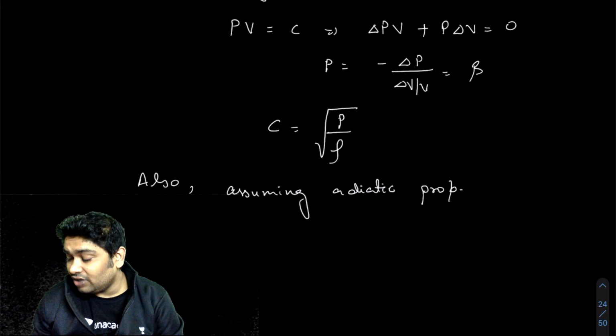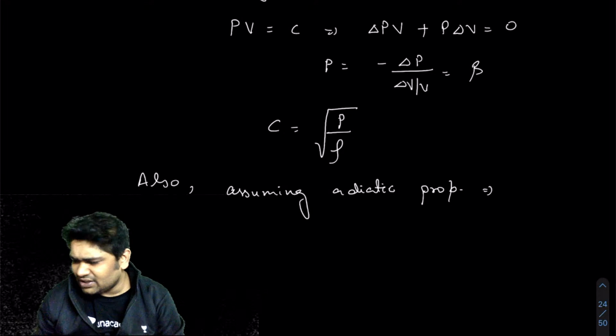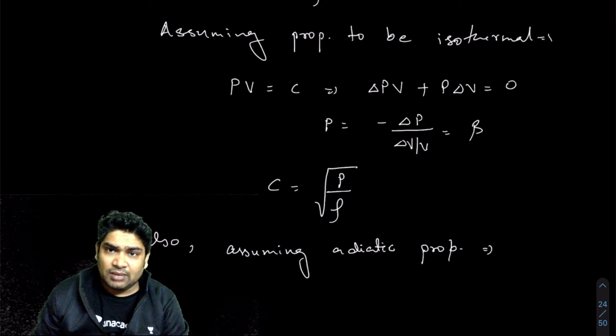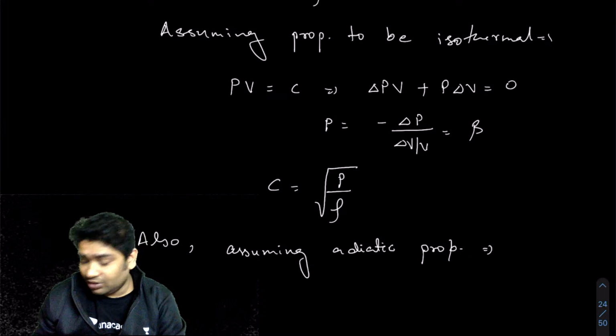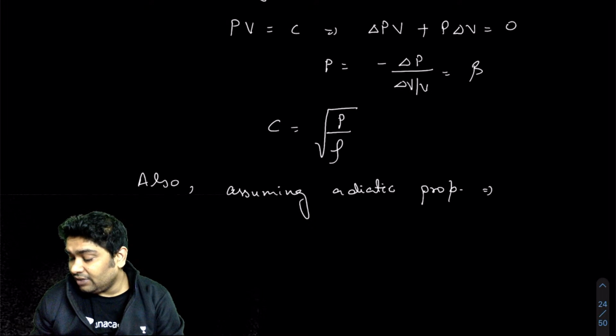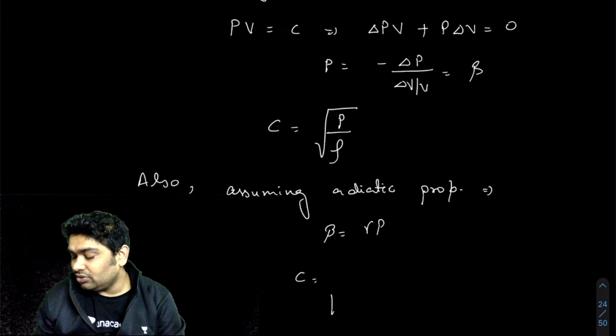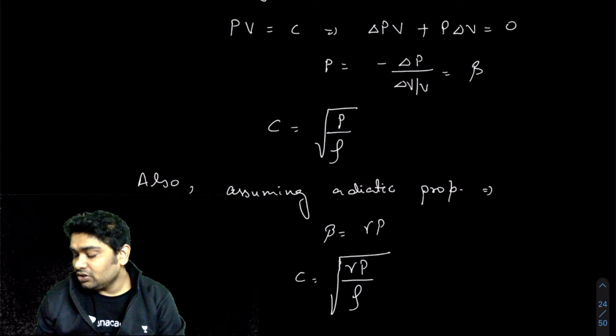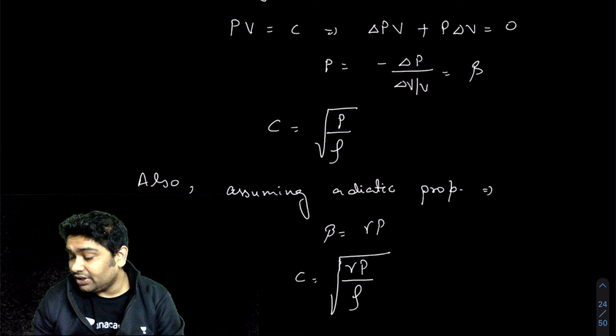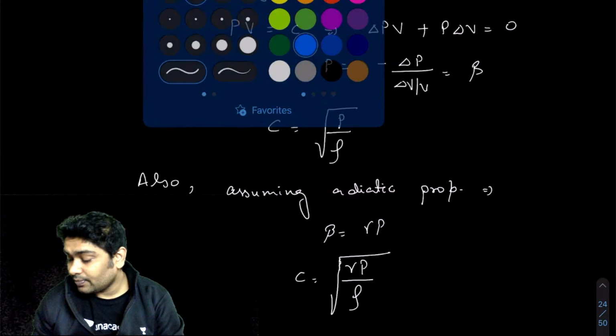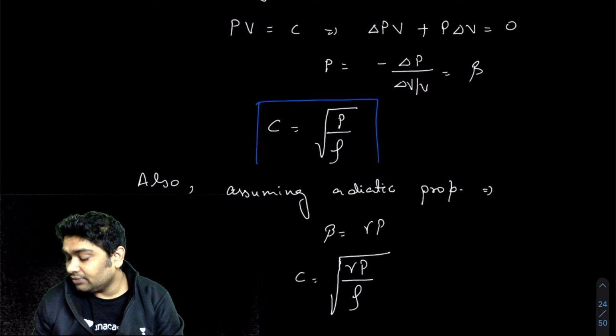If you assume adiabatic propagation, PV to the power gamma is constant. Then you differentiate that equation, and beta will be gamma times P. So c becomes equal to root of gamma P by rho. These are two expressions that you really need to remember. You will be using them.